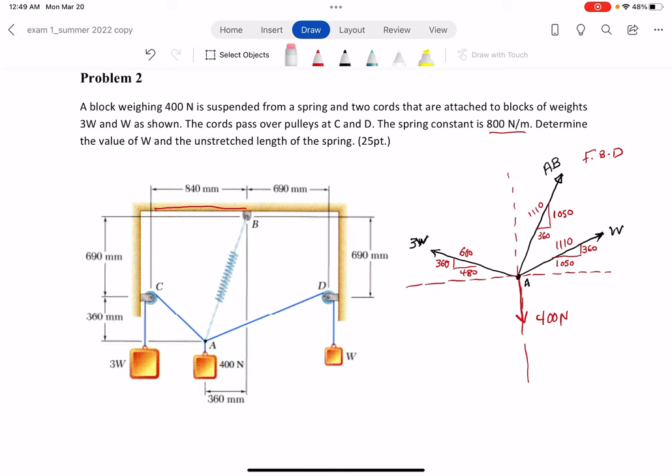Everything else would be easy. Once you find out the slopes, you can formulate the equations. Now we go through summation of forces in x equal to 0.